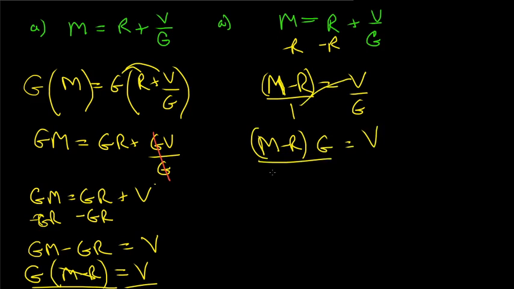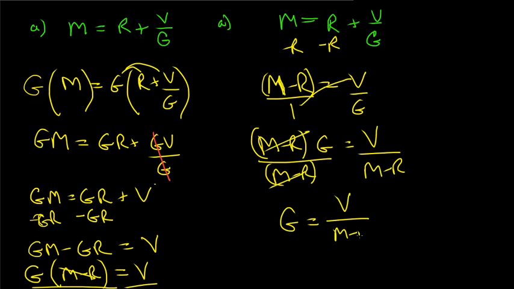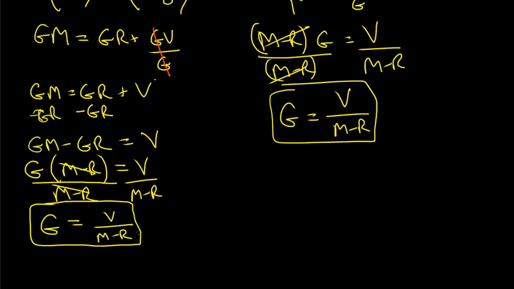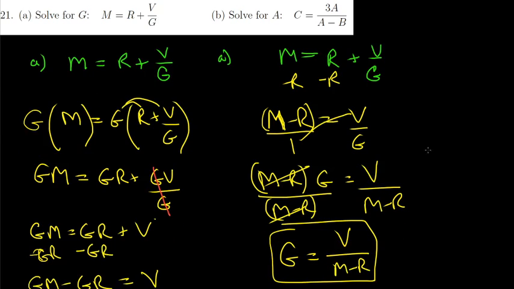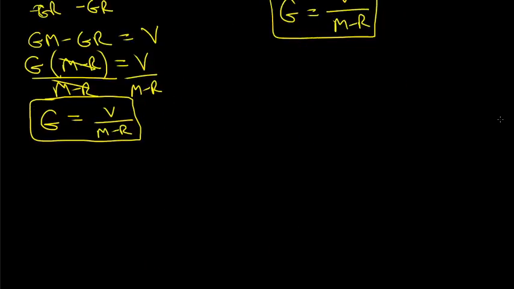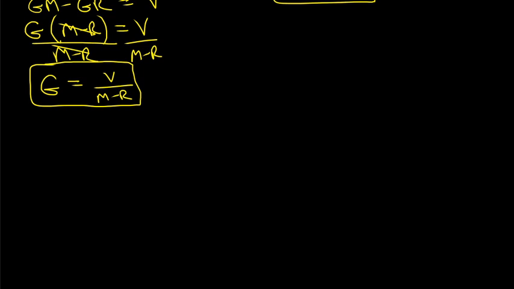So now just divide by m minus r on both sides. So cancel the m minus r's, and there's our g. G is equal to v over m minus r. Same answer we got the other way, which was a little bit longer, but it works, right? So that's 21a. 21b, very similar.